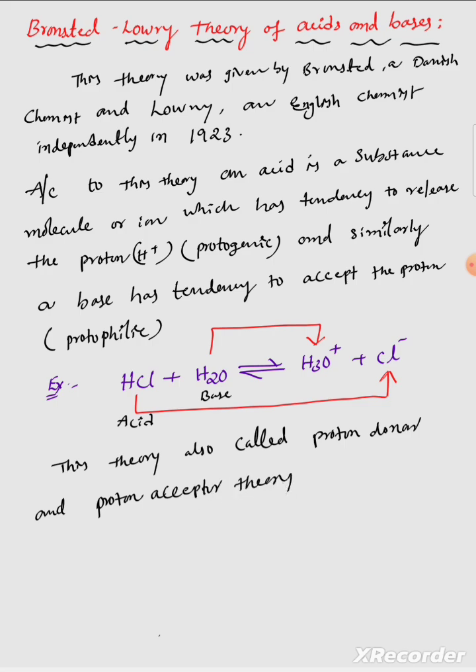Simply, a proton donor is a Bronsted-Lowry acid, and a proton acceptor is a Bronsted-Lowry base.